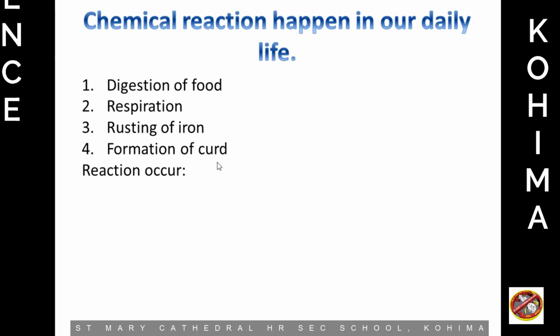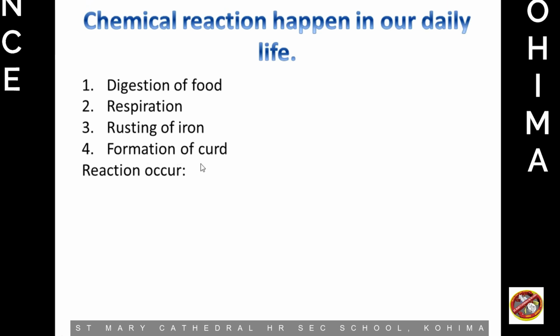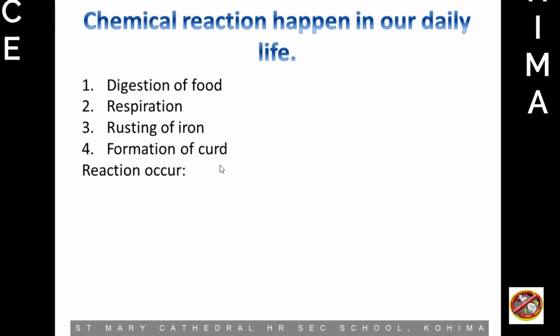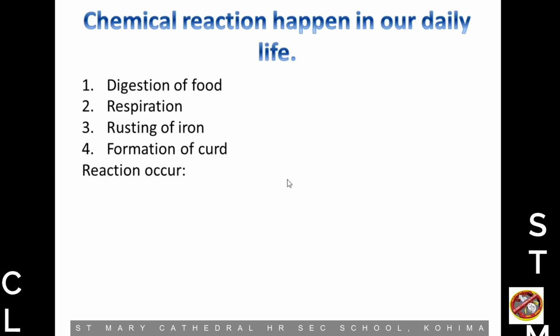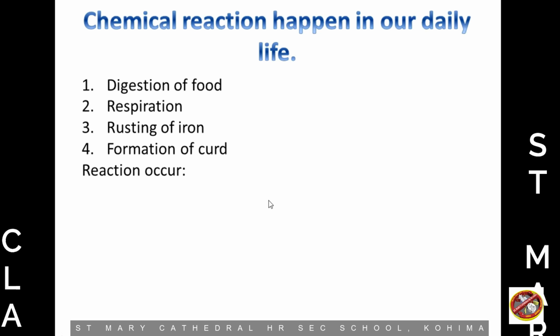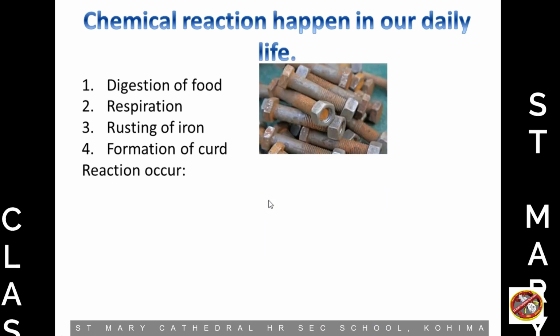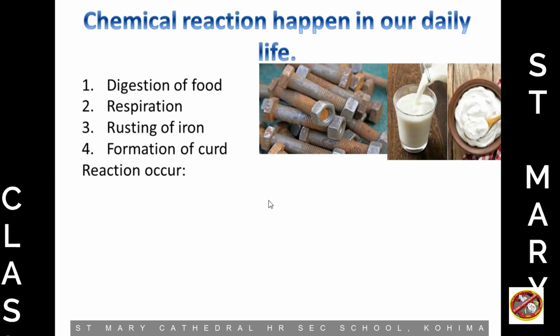Another thing is formation of curd. I hope you know what curd is. When milk is kept for a long time, it turns sour, or you can make it sour by putting lemon into it. See, a chemical reaction is taking place. All right, now reactions occur mainly, here are some pictures, you can go through them.